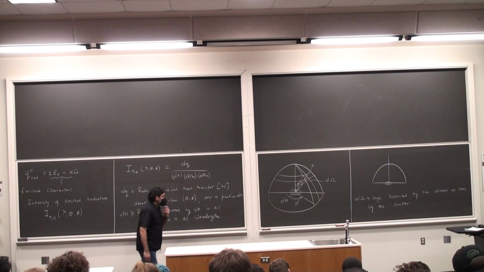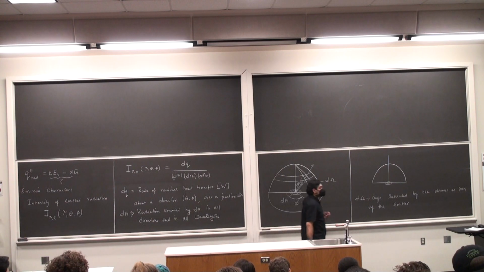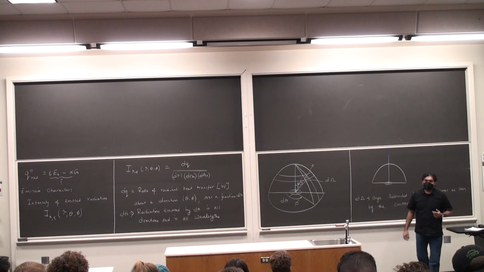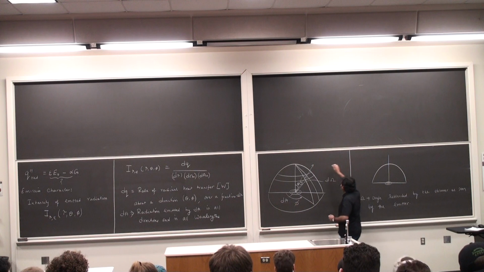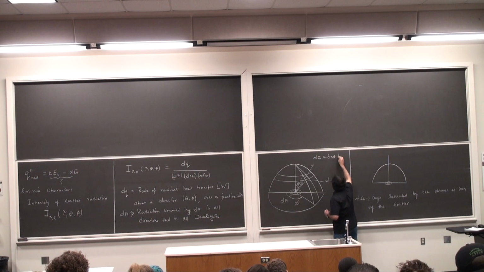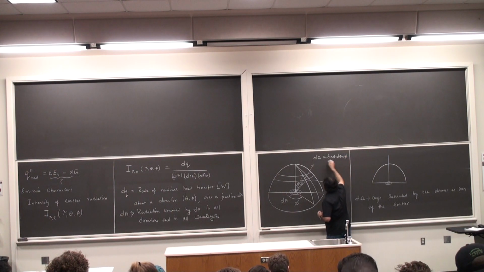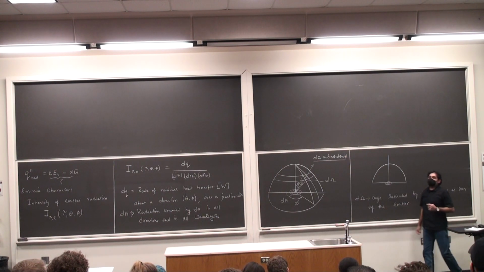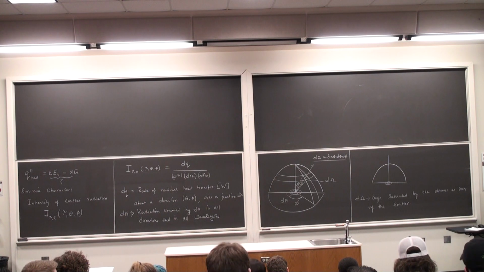Okay? And we were able to derive this expression for d omega last time. So d omega ended up being sin theta d theta d phi, and an important point to note is the following.